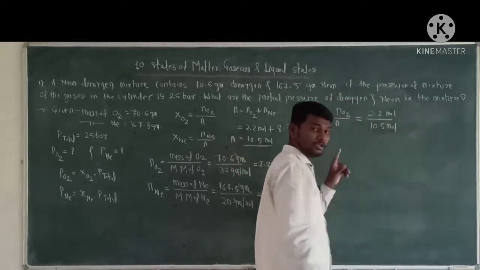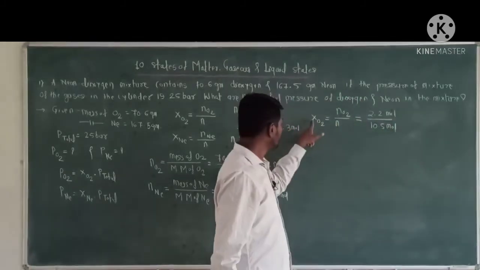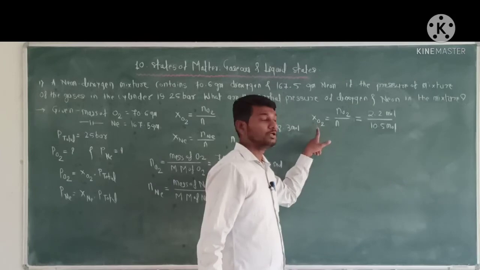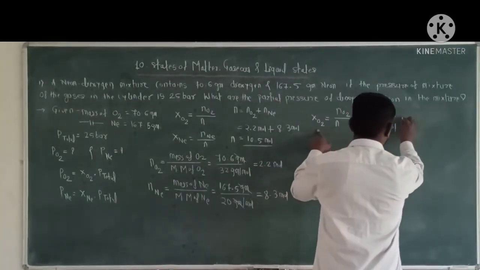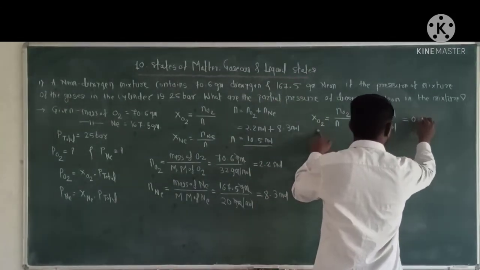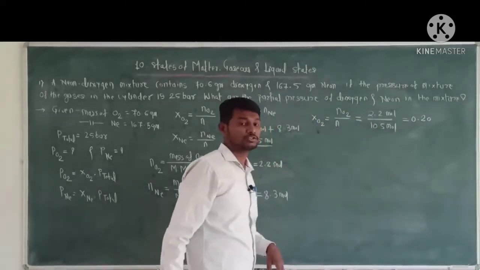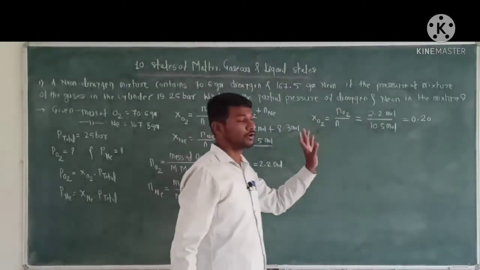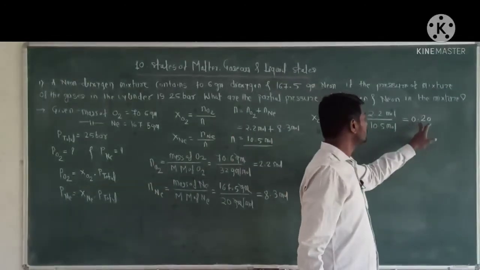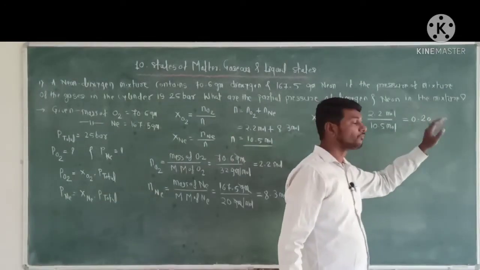Solve this equation, we get the mole fraction of dioxygen is 0.20. Mole gets cancelled. The mole fraction of dioxygen is 0.20.